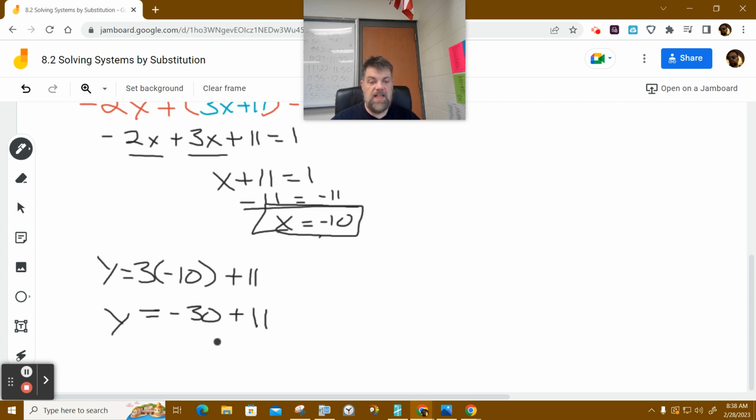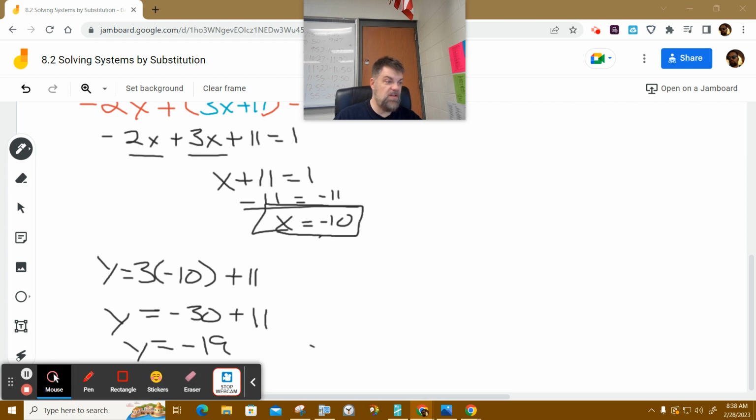Plus 11, what's that equal? Now, those numbers seem really, really high. Mr. Adams is going to double check his teacher book to make sure. Maybe I didn't write something down correctly. They're integers, so I'm pretty sure they're right, but I'm going to double check.